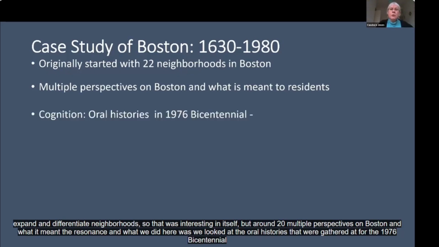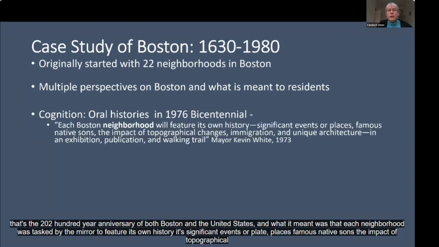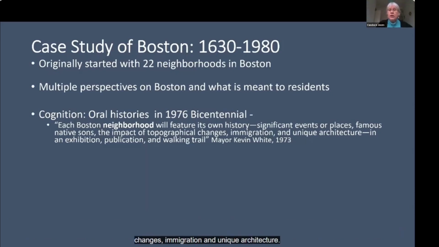So what we did here was we looked at the oral histories that were gathered for the 1976 bicentennial. That's the 200-year anniversary of both Boston and the United States. And what it meant was that each neighborhood was tasked by the mayor to feature its own history, its significant events or places, famous native sons, the impact of topographical changes, immigration, and unique architecture.